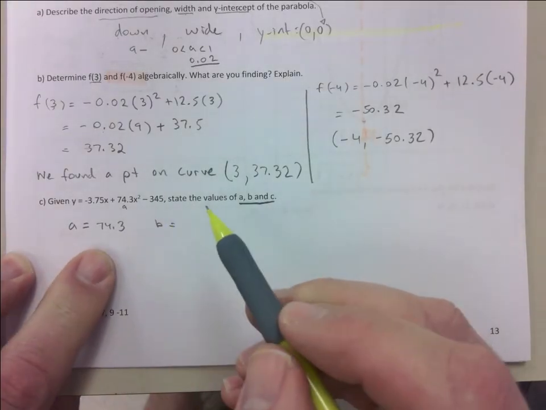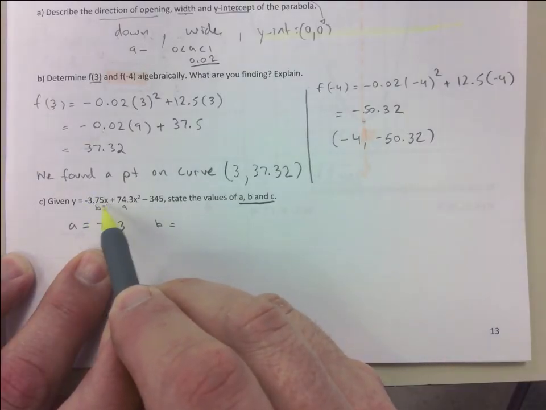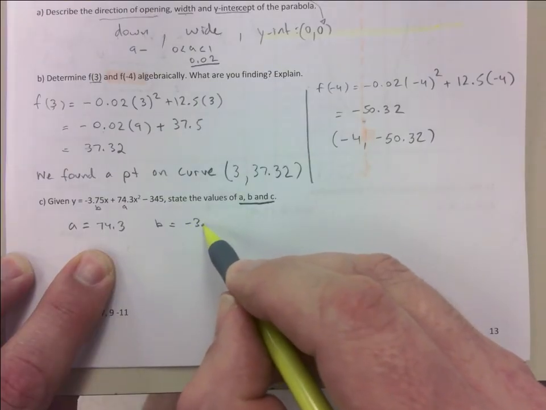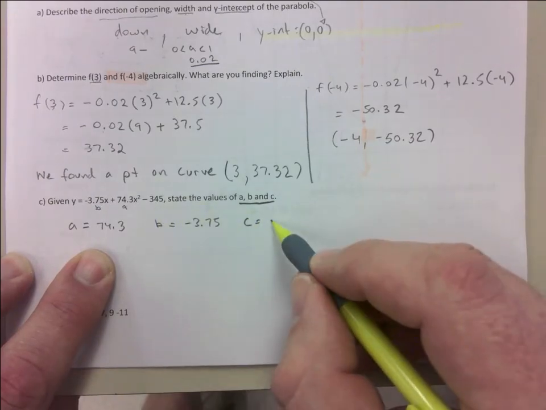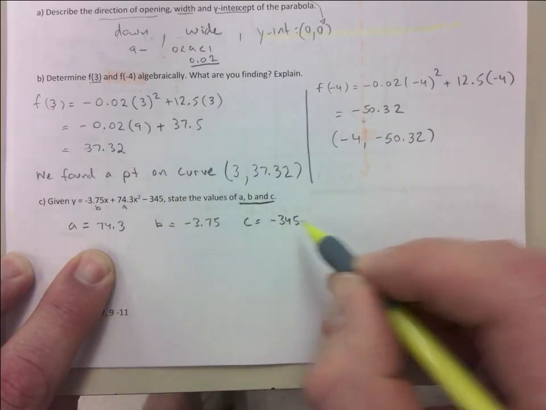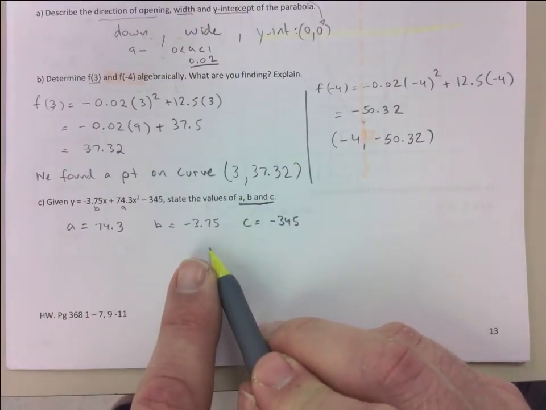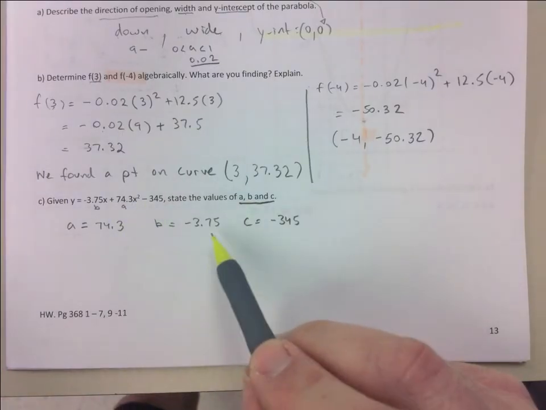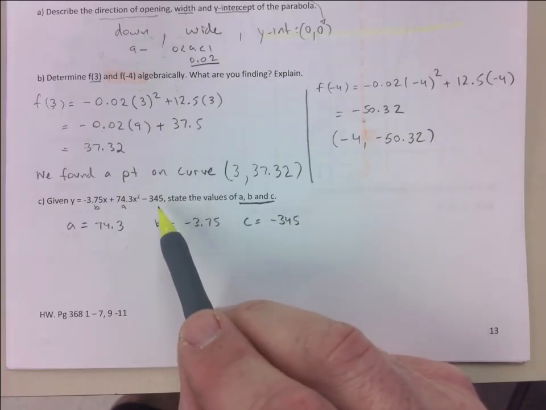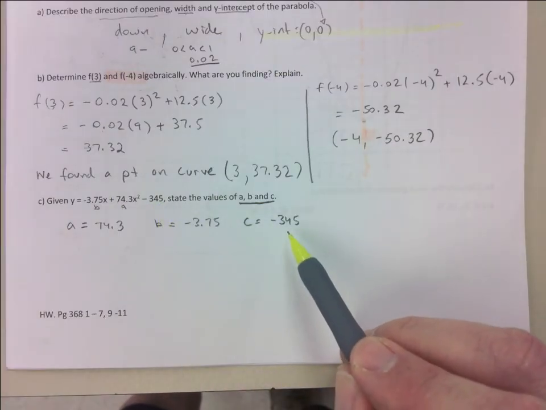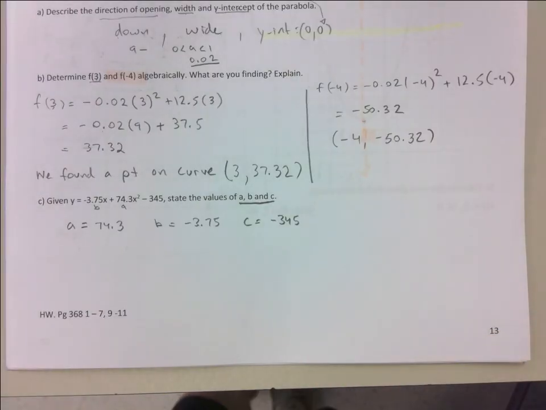B is the one that's attached to the X variable. So negative 3.75. C, therefore, is the constant. If B isn't present, right, if there's no X term, B is technically 0. If there's no constant present, C is technically 0. So you got to watch out for that. Okay, don't just say NA, because it is there.